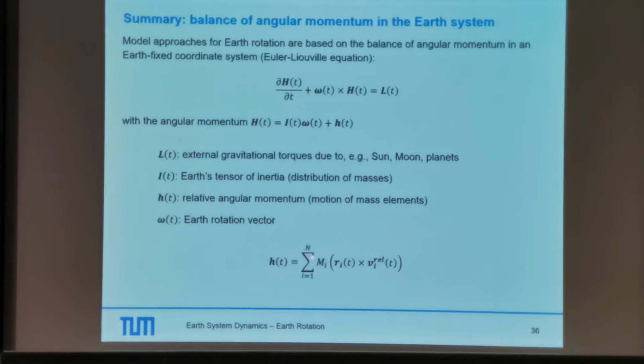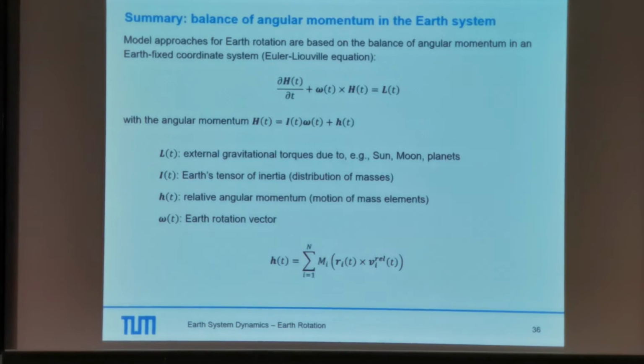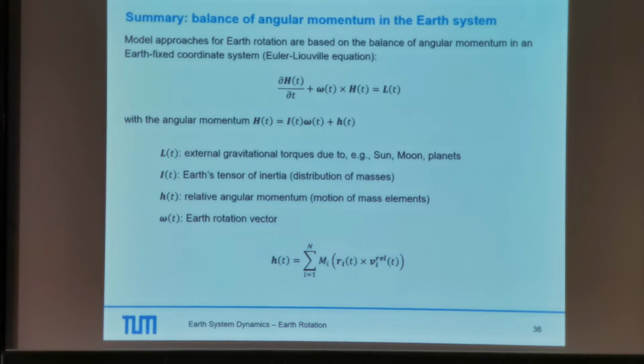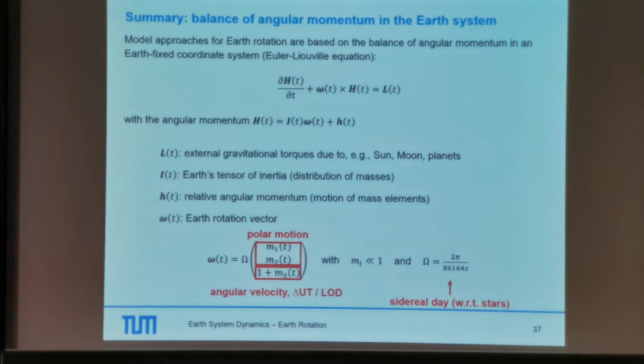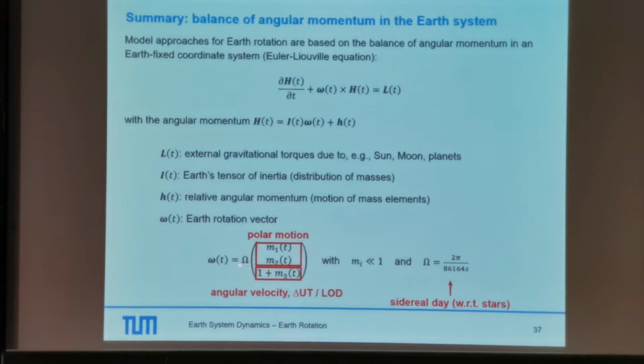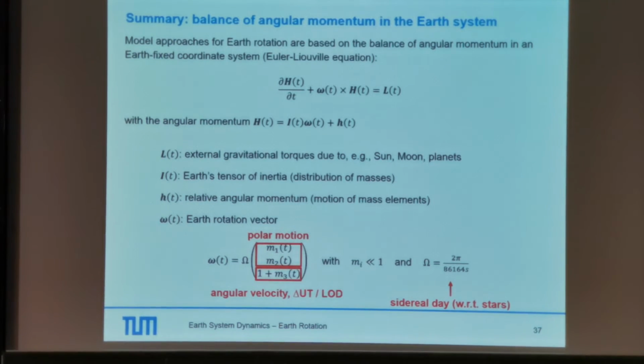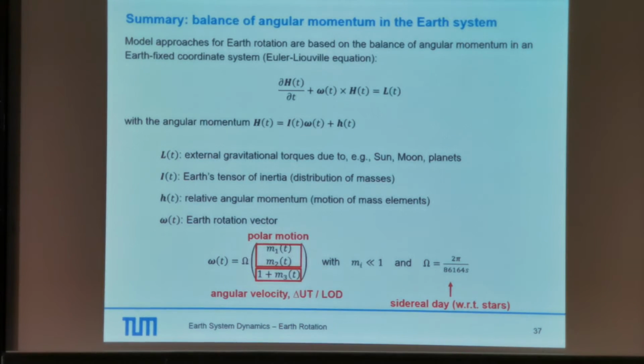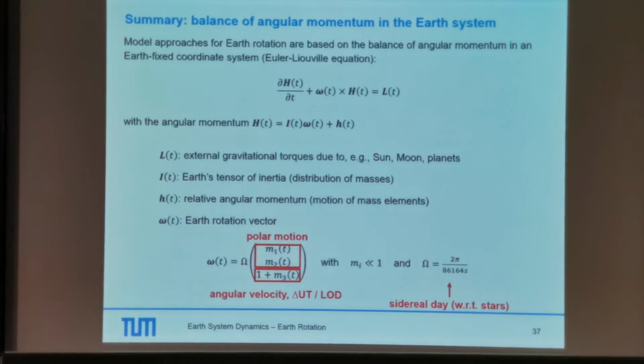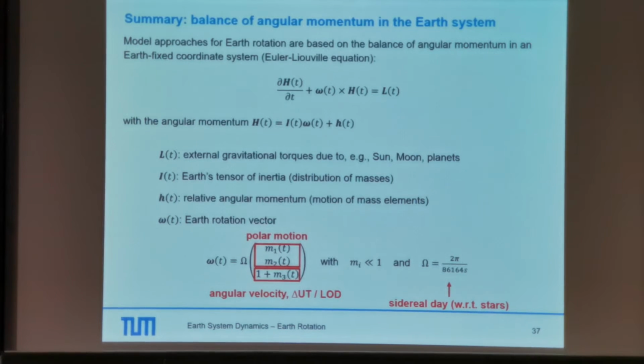Again, the relative angular momentum here, the motion of the mass elements, where we have this point mass specific relative velocity for each different mass element. The omega vector in this case comprises a capital omega times these quantities, which we named m1, m2, and 1 plus m3. m1 and m2, so the first two elements of the Earth rotation vector, can be related to the polar motion, so the dislocation of the instantaneous rotation axis with respect to the conventional intermediate pole, as seen from the Earth fixed reference system.